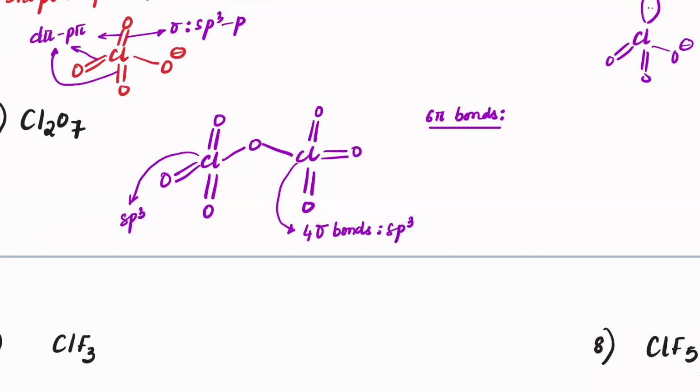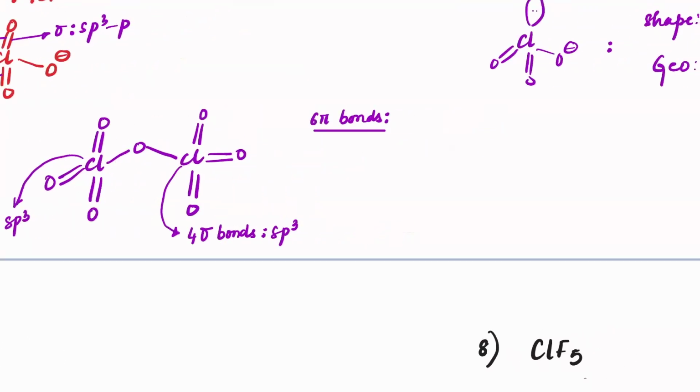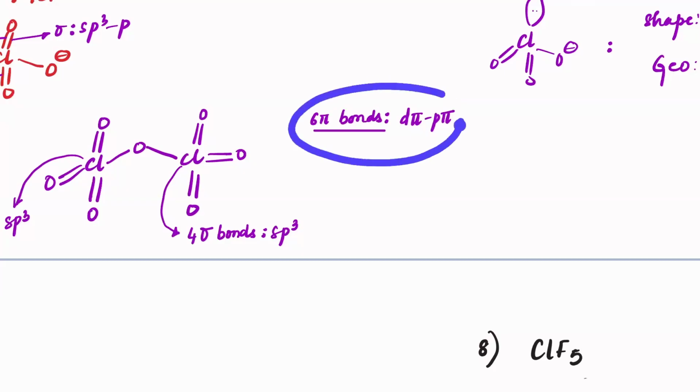There is no more p orbital left. So the pi bond has to form only from d orbitals. So all 6 pi bonds have to be d pi p pi bonds, because oxygen has unpaired electrons in p only, and chlorine now has unpaired electrons in d. That's why it is going to be d pi p pi bonds.